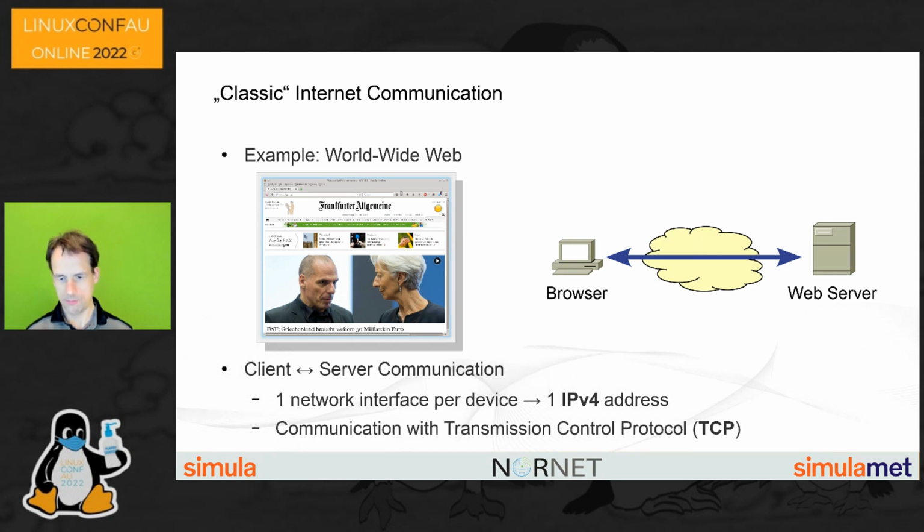And then you have, over the TCP protocol, established a connection with a three-way handshake, and you have classic client-server communication. This is the way most applications in the internet are working today, but it's a quite old way of communication. It is likely it will work this way also for many other applications in the future.